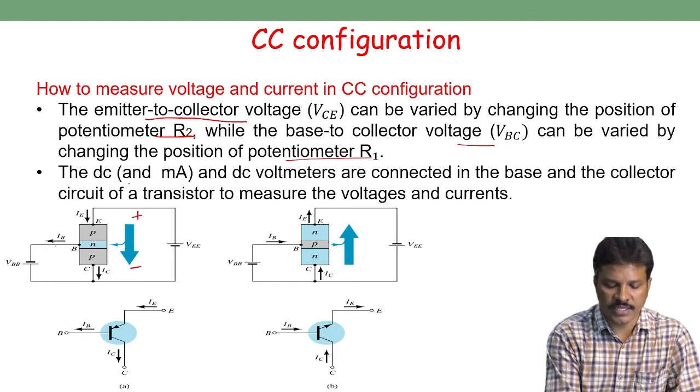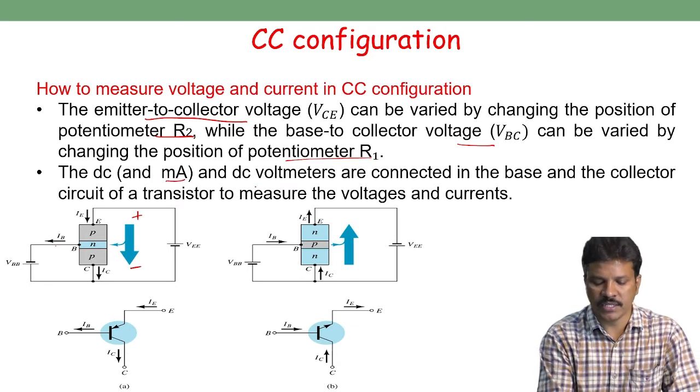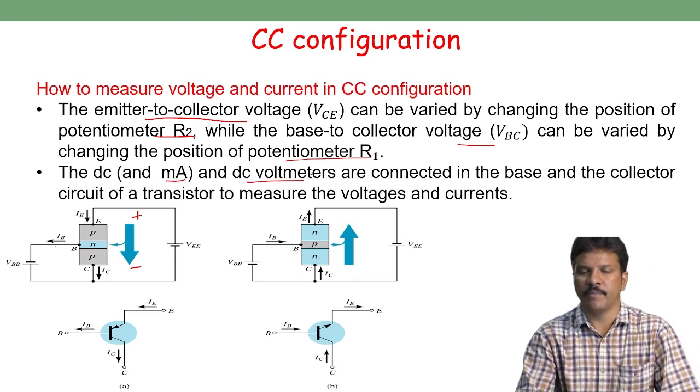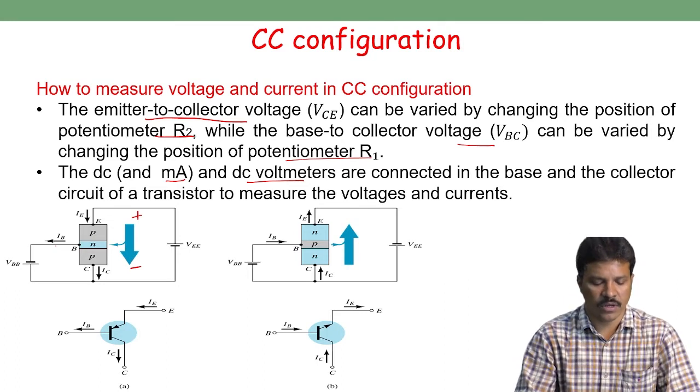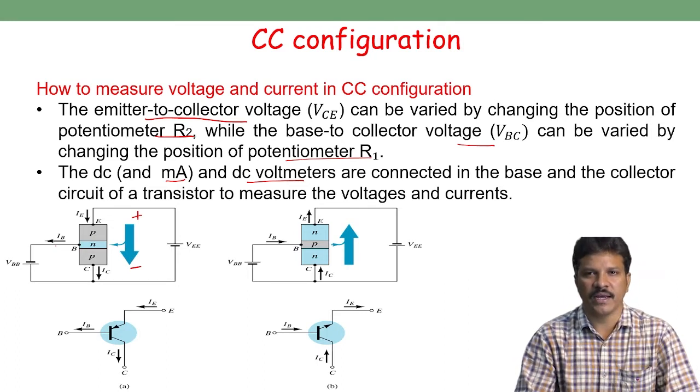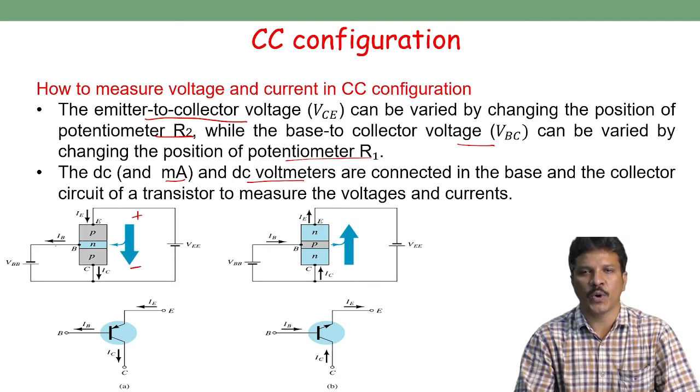The DC ammeter, milliammeter and DC voltmeters are connected in the base and collector circuit of the transistor to measure the voltage using the voltmeters and the current using the ammeters. The current IB can be measured with a microammeter.